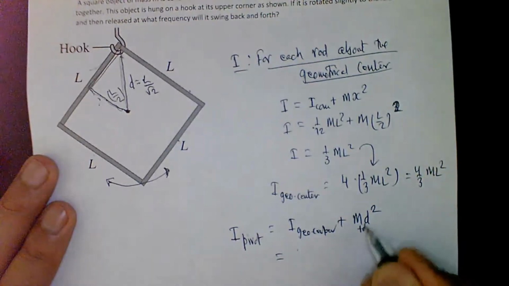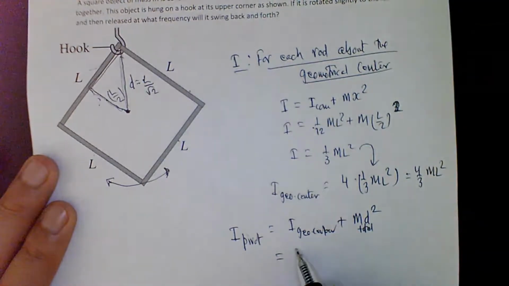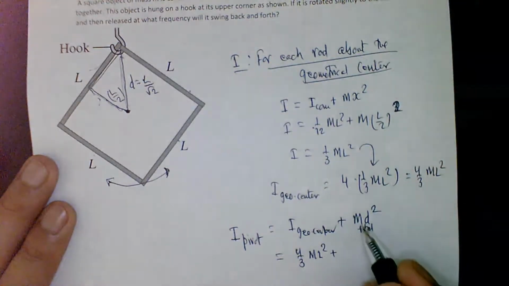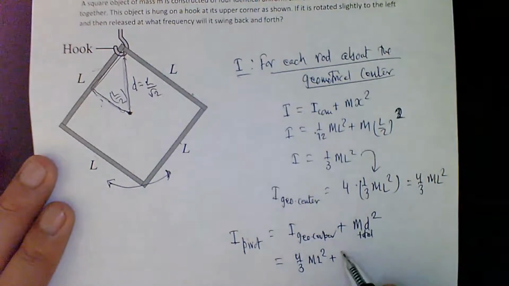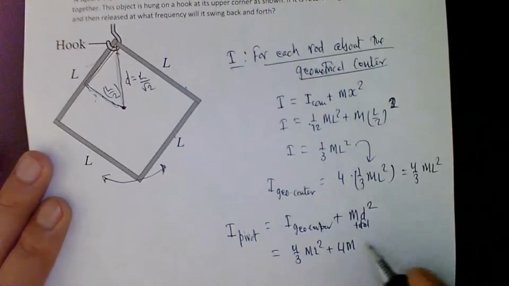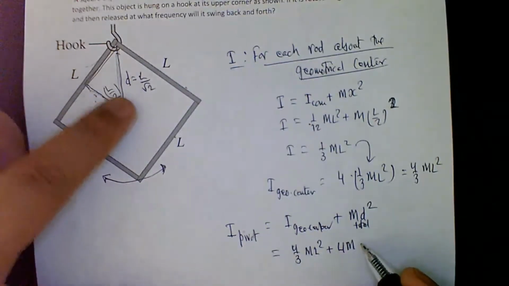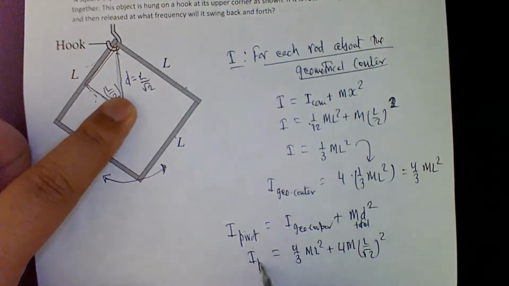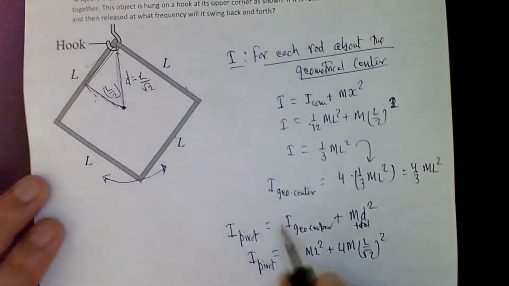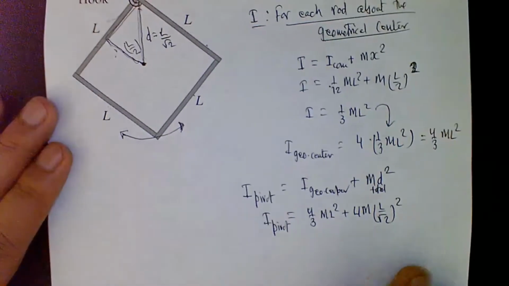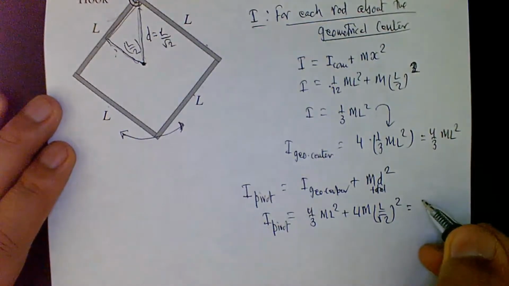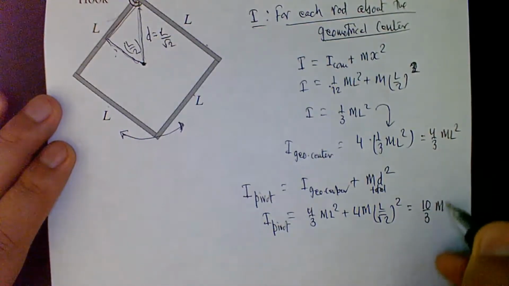So this is 4/3 of ml square plus the total mass in the parallel axis theorem, m d square. That has to be the total mass, which is 4 times m, not just m. And d is L over square root of 2, squared. So that's the total moment of inertia about the pivot point in this configuration. Once you have that, you can simplify it. This is going to be 10 over 3 ml square.